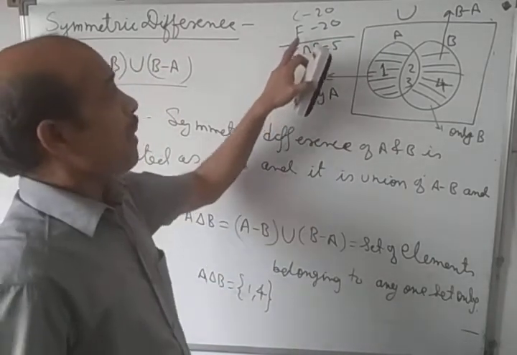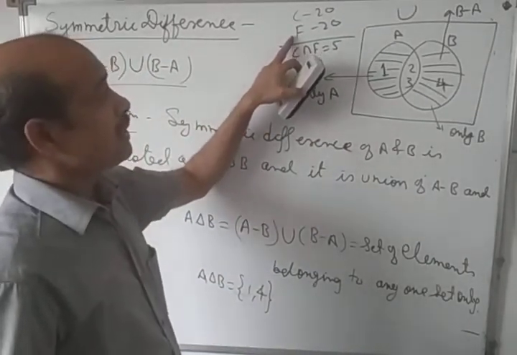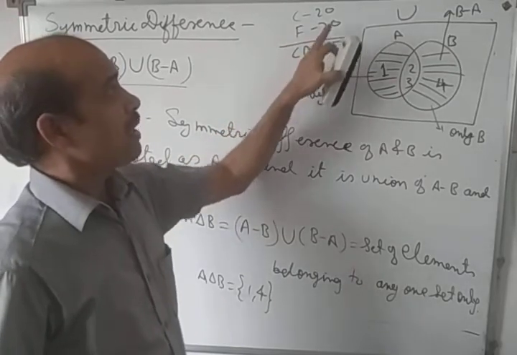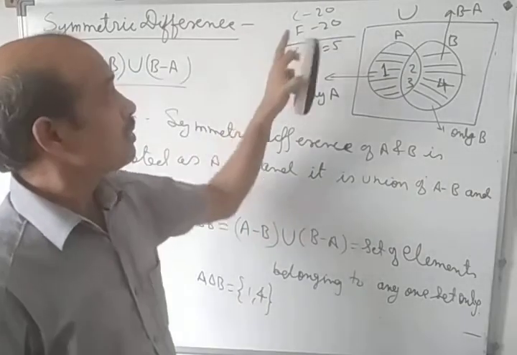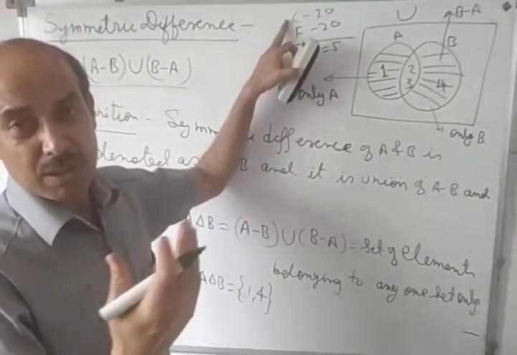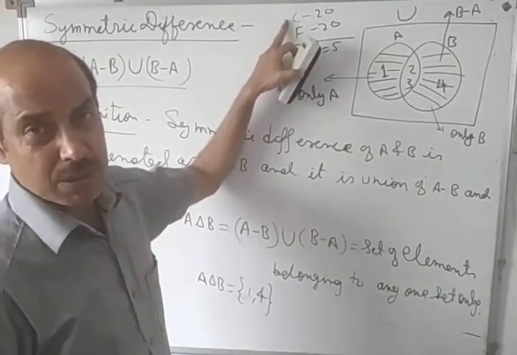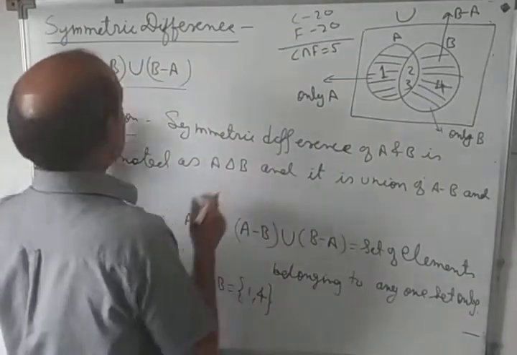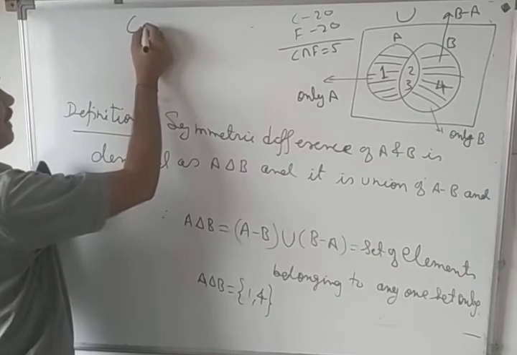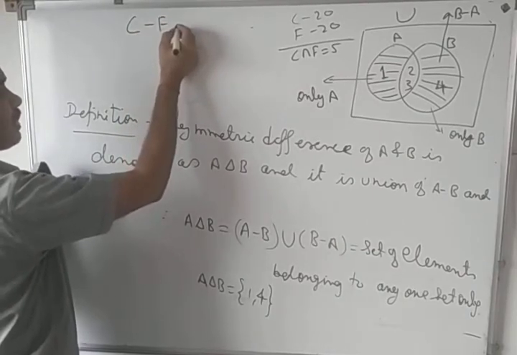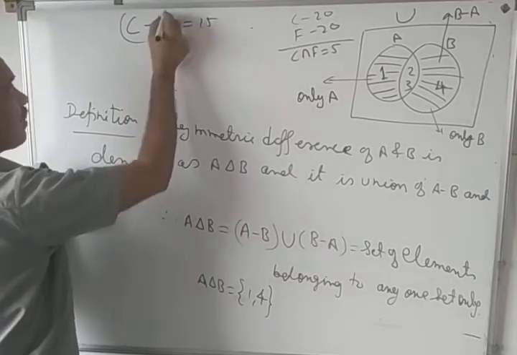तो जब हम C माइनस F करेंगे तो 5 इसमें से माइनस हो जाएंगे, 15 आएंगे इस वाले एरिया में. ओनली C 15, इंटरसेक्शन माइनस हो जाएगा. देखिए एग्जाम्पल से C माइनस F क्या होगा, 15 एलिमेंट होंगे इसमें.